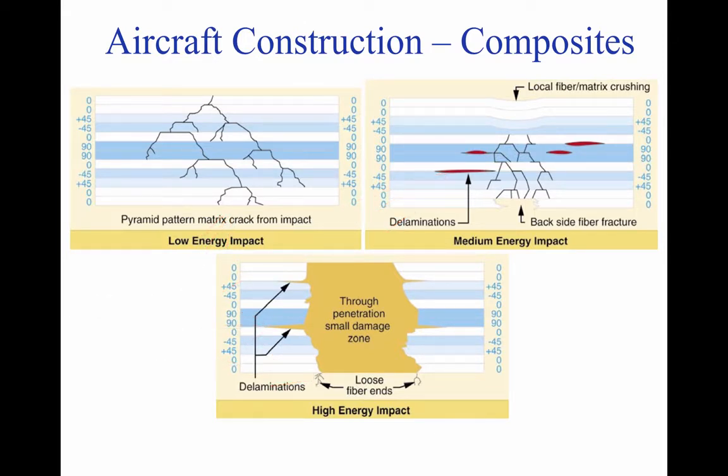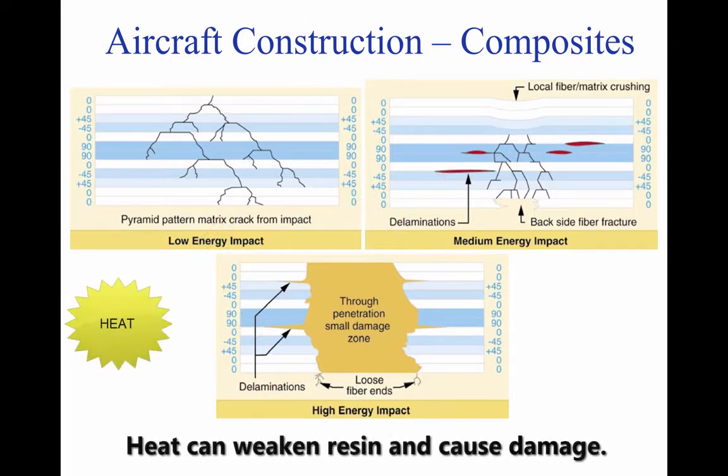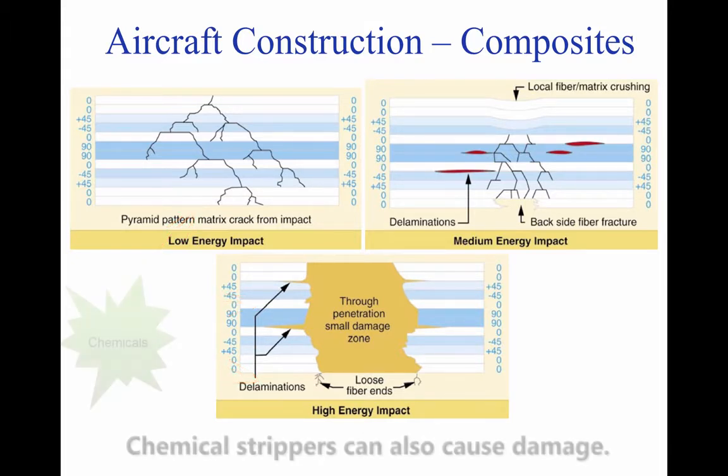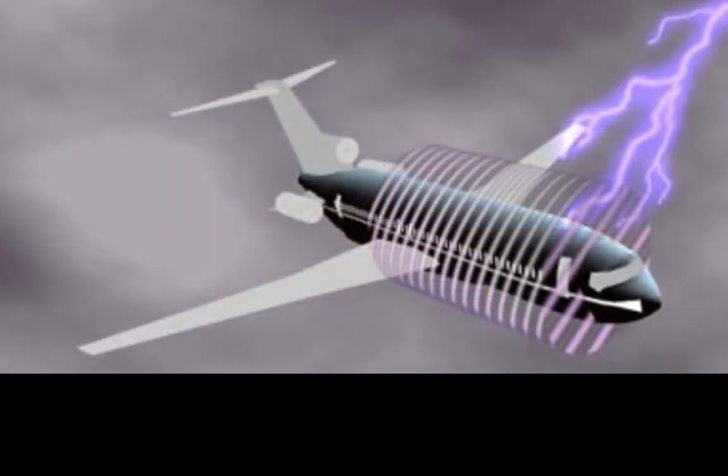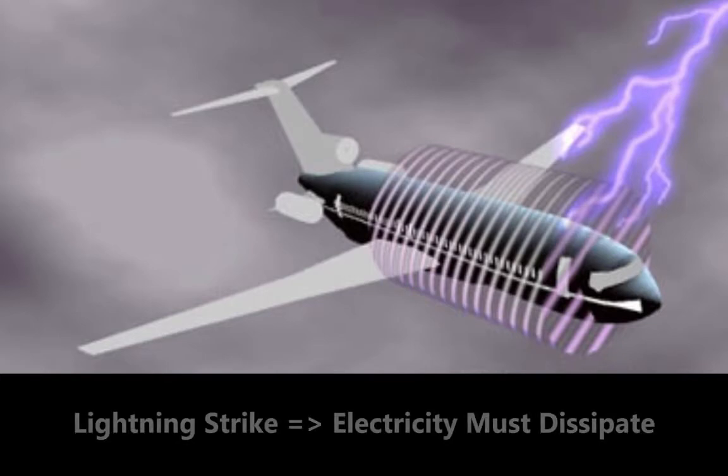Another problem with composites is the fact that excessive heat can cause the resin to weaken. Heat from sunlight on pavement or a small fire, even when extinguished quickly, can cause damage. Also, chemical paint strippers are very harmful to use with composites. During a lightning strike, the aircraft needs to dissipate the energy around the body of itself to a safe level.